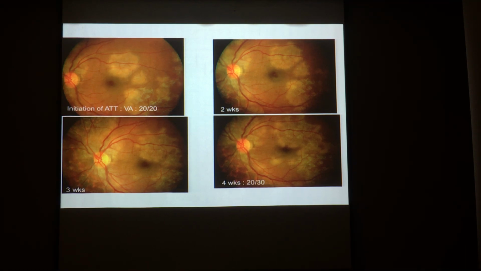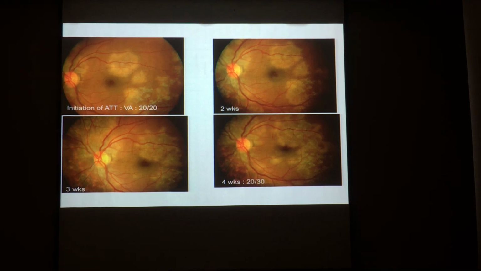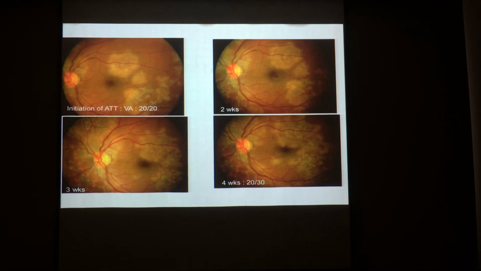The TB might have played a role in triggering this lesion, but it is manifested because of its immune reaction. The predominant picture is of an immune reaction, so it needs to be controlled with corticosteroids.